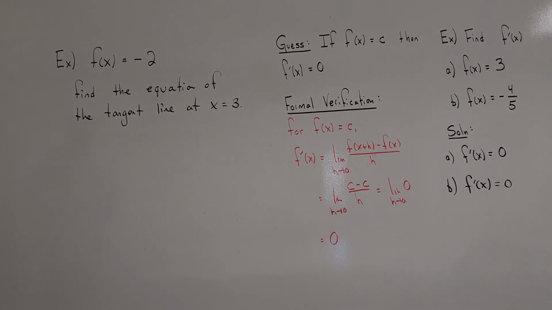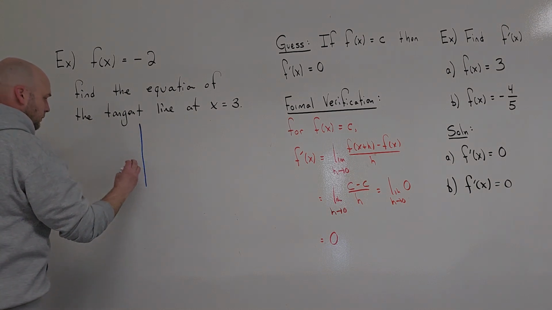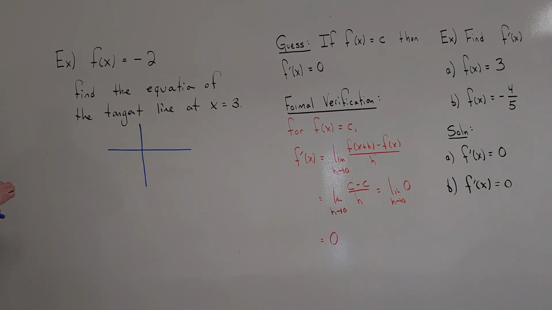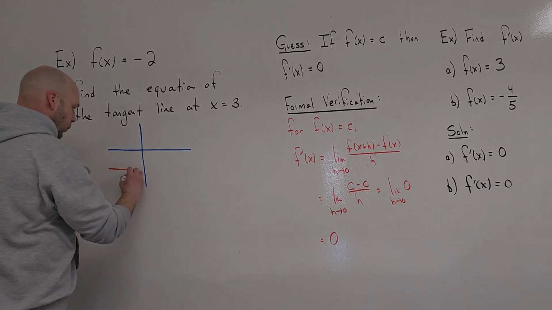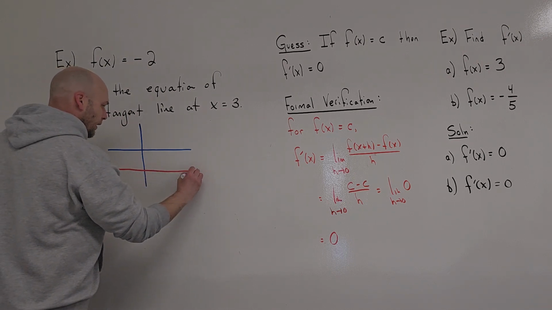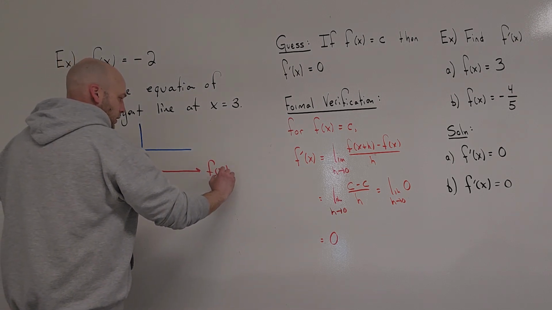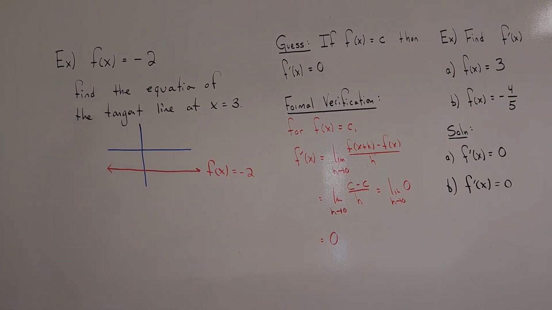First of all, let's draw a picture so we see what we're looking at here. Okay. What I'm doing is I'm looking at the graph of f of x equals -2, which is a horizontal line where all of the y values are -2. Right, this is f of x is equal to -2. And then I want to find the equation of the tangent line when x is equal to 3.